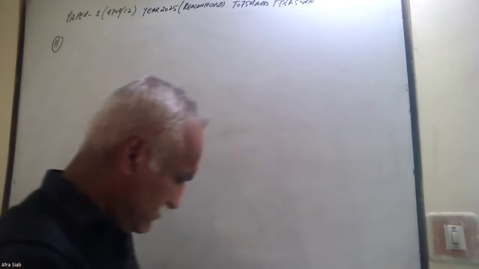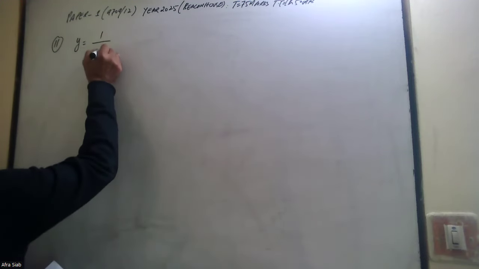Question number 11. If the curve y is equal to 1 over the square root of 1 minus 2x, show that it has no turning point.